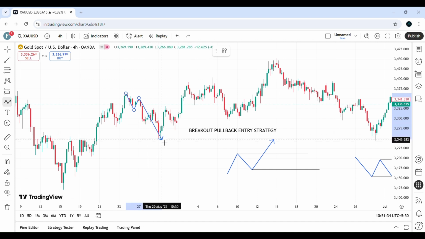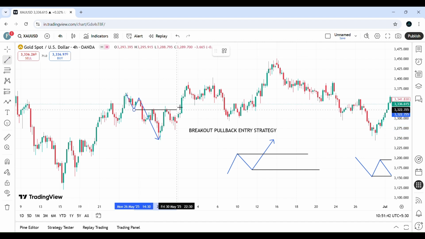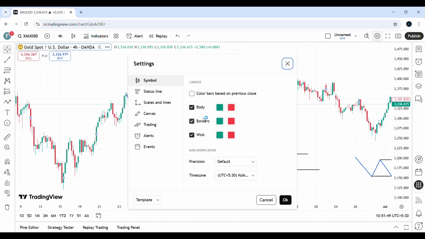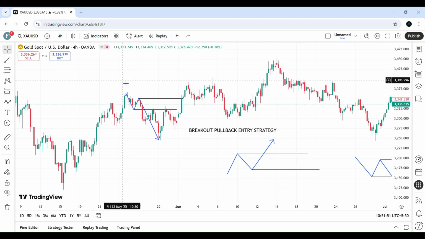Either way, now draw your neckline. Draw it from here to here. Where did price return to after the break? It created a low, a high, and it broke again. Where did price return to before giving us an entry? Over here and over here, right at our neckline. That's a reversal again.